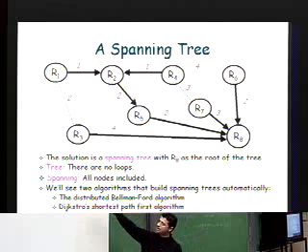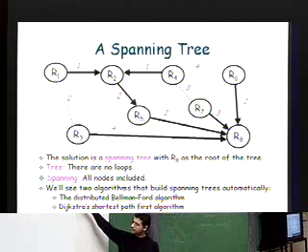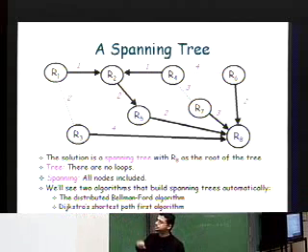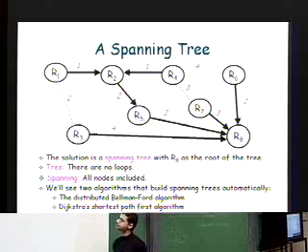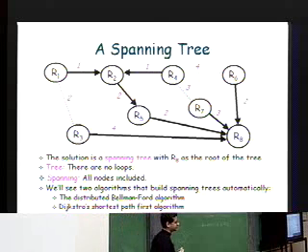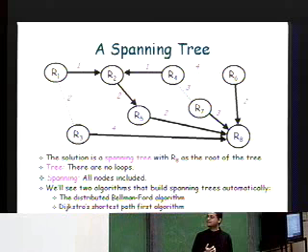If you choose any other spanning tree, you'll find out that that spanning tree will not give you the lowest cost route to the destination node R8. Now the second question is, how do you compute or how do you build these spanning trees?